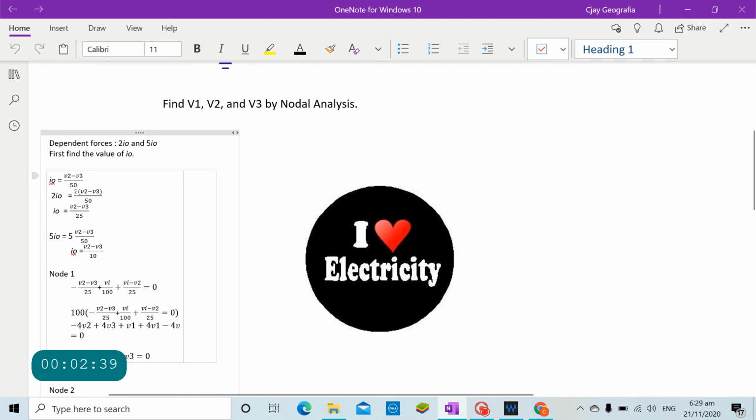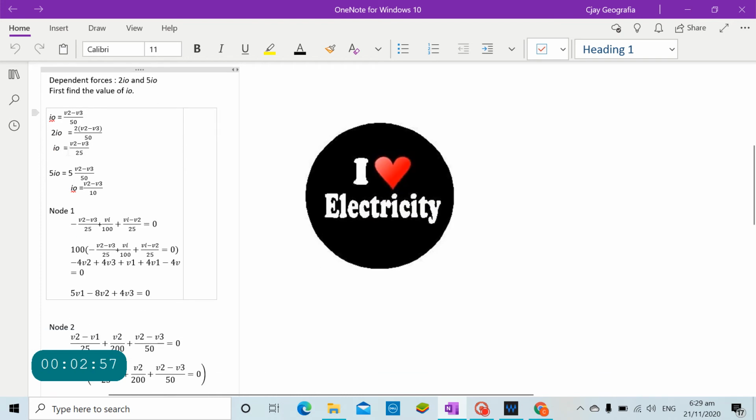Then you can also divide it easily so that you can get the IO as fast as you can. 2 divided by 50 is 1 over 25, so the 2 here is cancelled. So the IO in the current controlled current source is V2 minus V3 over 25.